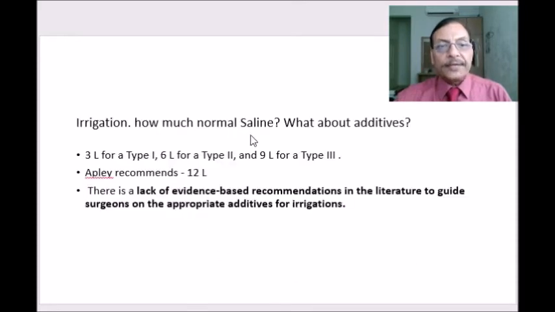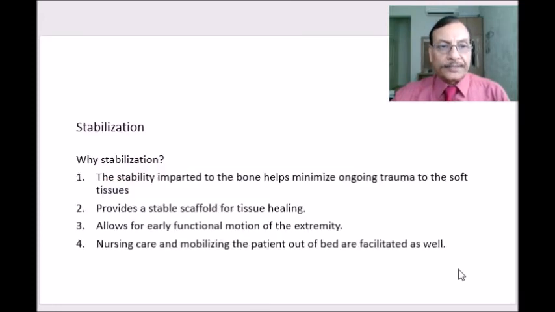How much saline? 3 liters for type 1, 6 liters for type 2, 9 liters for type 3. There is lack of evidence-based recommendations in the literature to guide surgeons on the appropriate additives for the irrigation. So better avoid any additive to the normal saline.